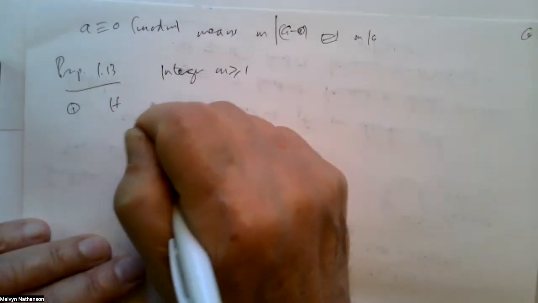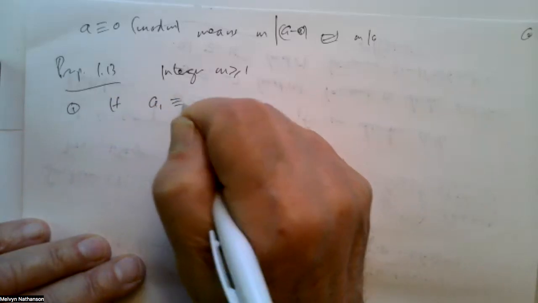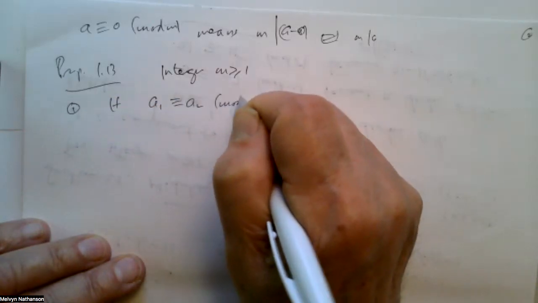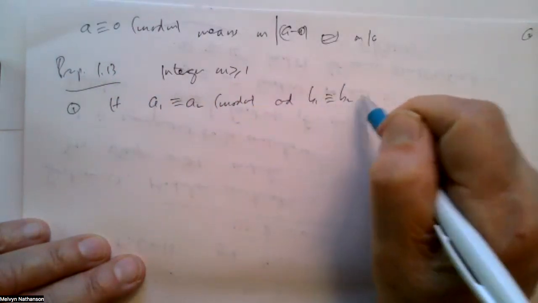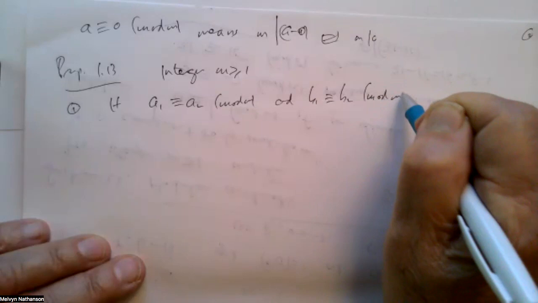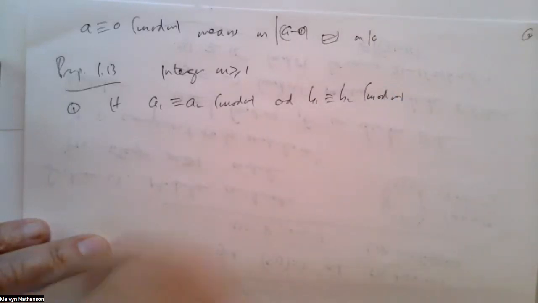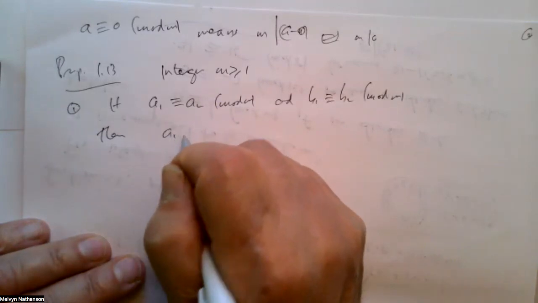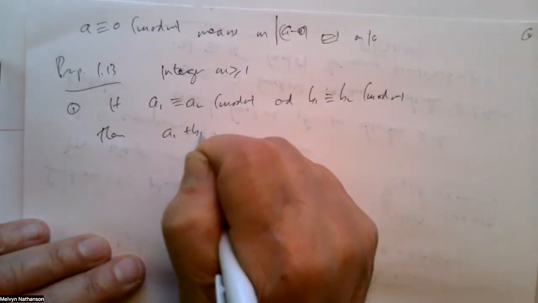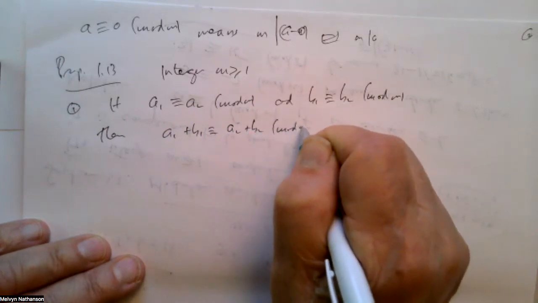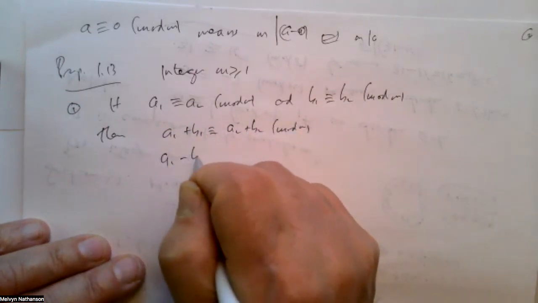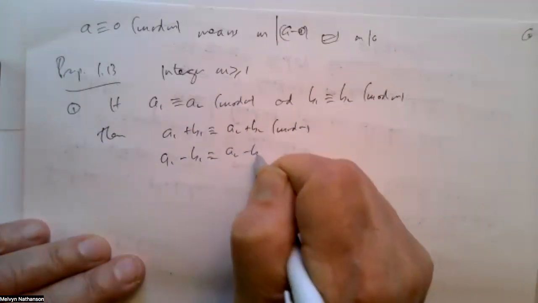And first proposition says that if A1 is congruent to A2 mod M, and B1 is congruent to B2 mod M, then we can add the congruences. A1 plus B1 is congruent to A2 plus B2 mod M. And we can subtract the congruences.